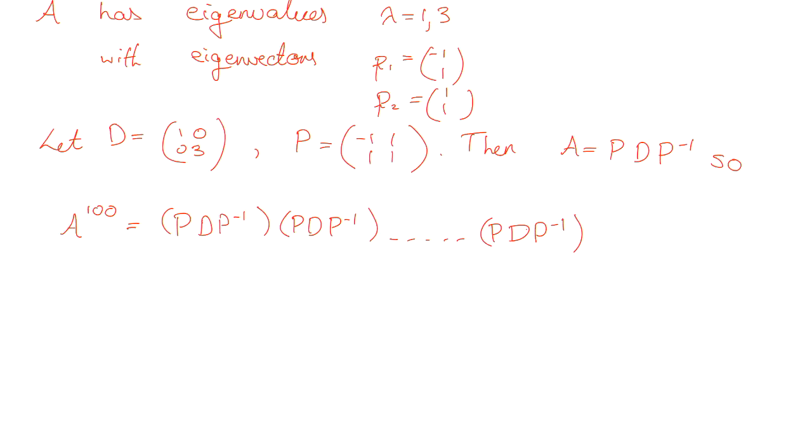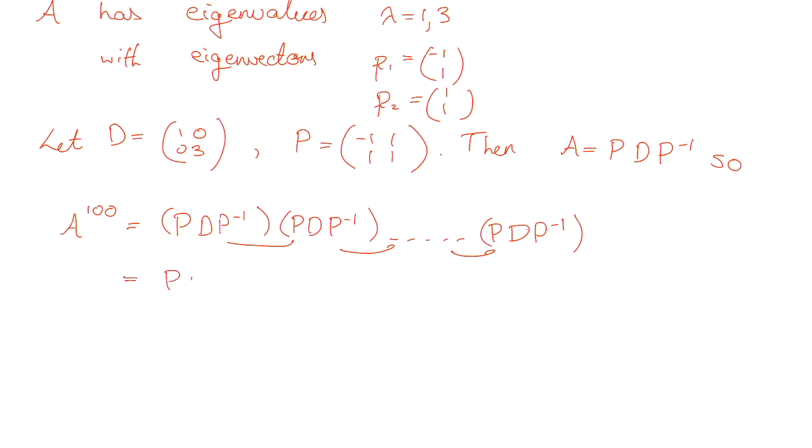And the hand-wavy version of this is that every internal pair of P and P inverse is going to be sitting next to each other, and so they eat each other, right? You've got one P sitting on its own on the left and another P inverse sitting on its own on the right. But every internal pair is going to be sitting next to its inverse, and so they zap each other and they disappear.